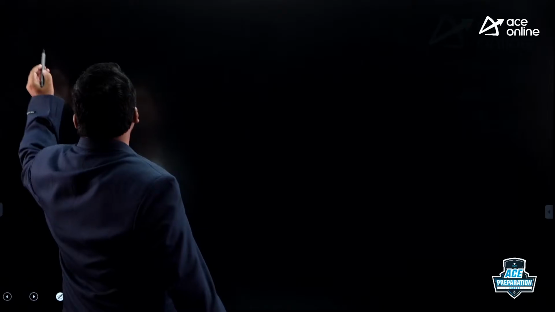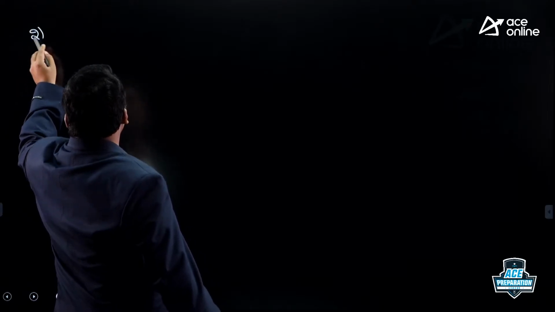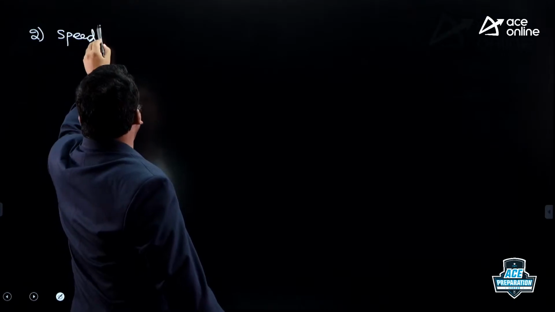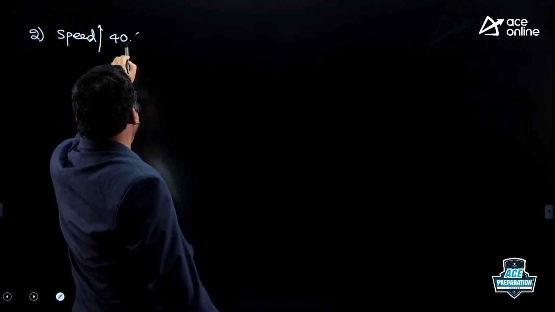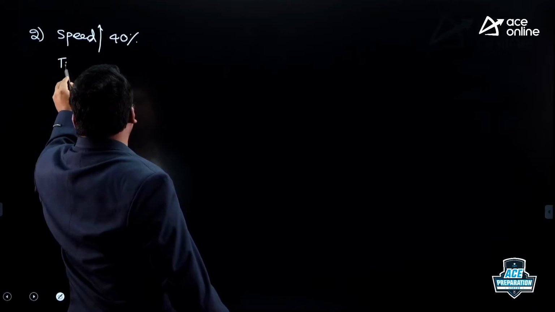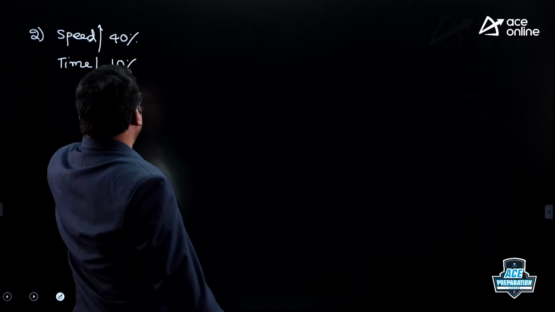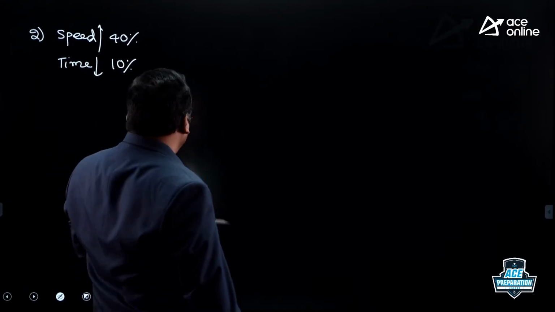Second one. Speed is increased by 40%. Time is decreased by 10%.